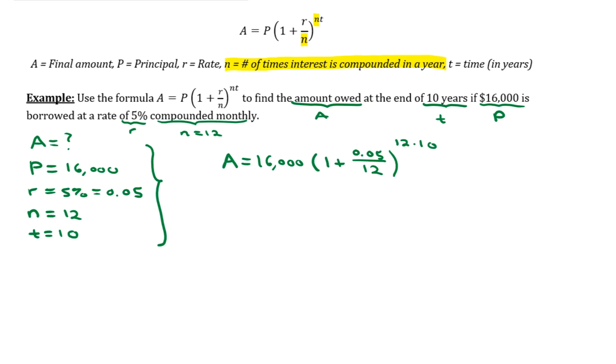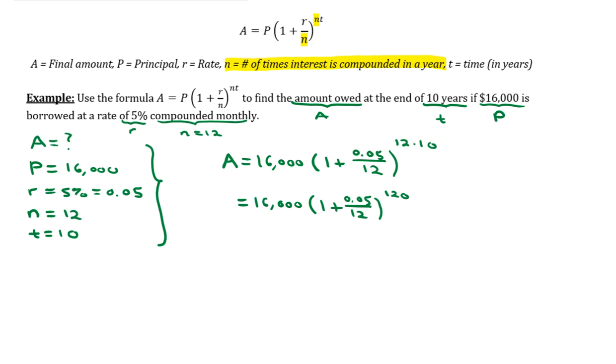So this is definitely something I encourage you to type into your calculator, but before you do so, I recommend grinding out the multiplication that's part of that exponent. In other words, let's go ahead and multiply 12 times 10 to get 120.